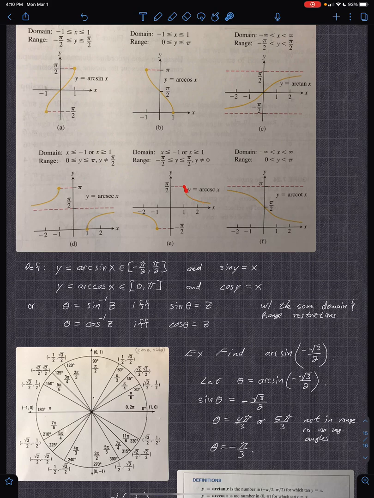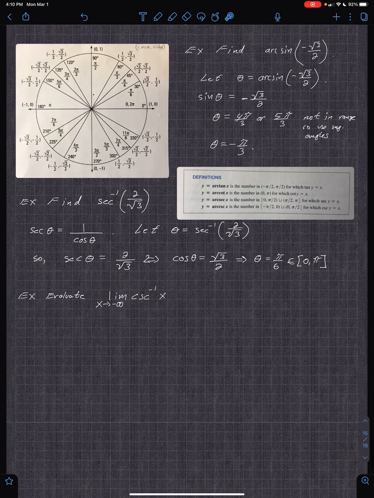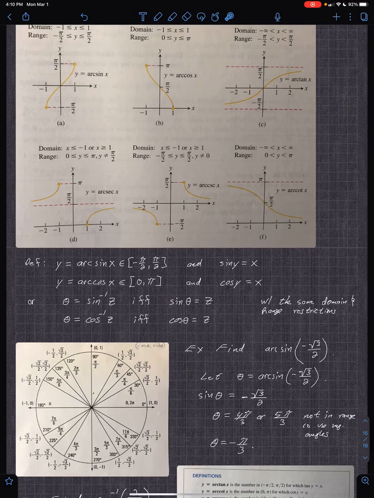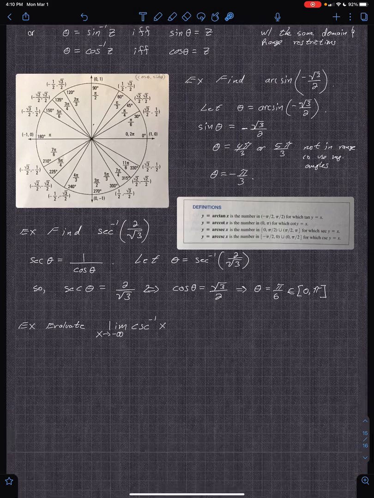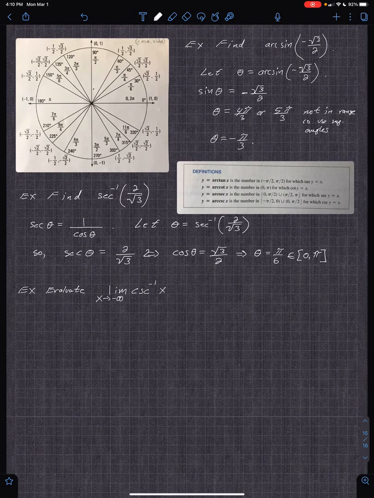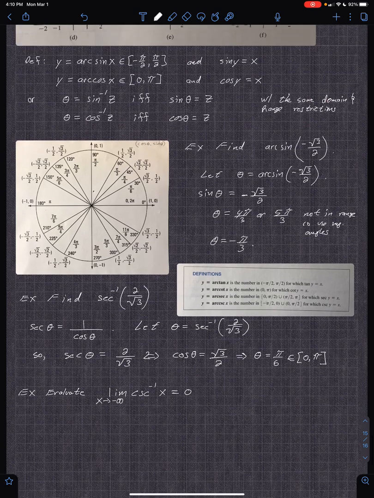It starts here and goes that way, and starts here and goes that way. As you're approaching negative infinity, the graph is approaching 0 as you go out. So for those special values, you just look at the graphs and see what's happening. That's the gist of it.